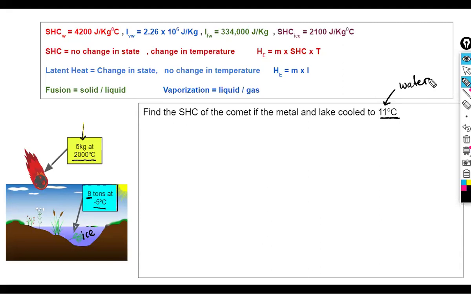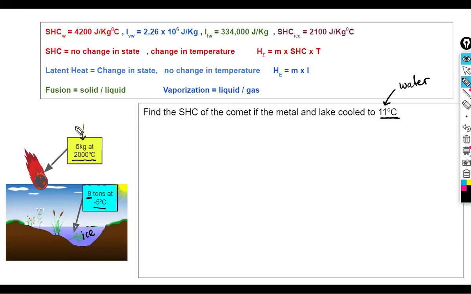So when the comet crashes into the lake, the first thing that has to happen, the ice has to cool down to 0 degrees. And then the ice has to melt from ice to water at 0 degrees. Then the water has to heat up to 11 degrees. It's a long question, right? But we're going to work this one out together.